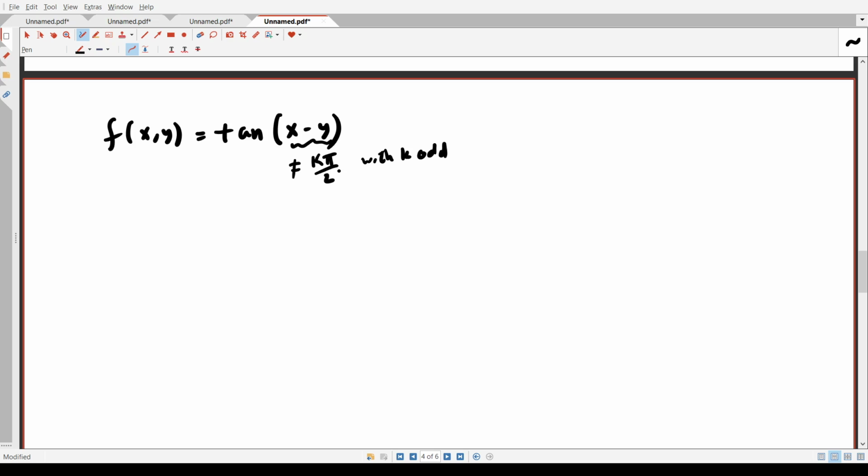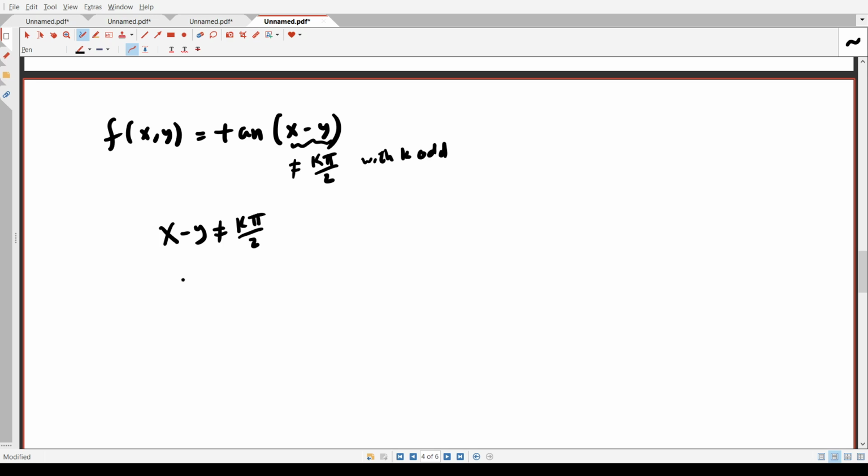Let's just leave it like this. So I know that x minus y is not equal to k pi over 2, right? So this is the condition for things that are not in the domain. Oh, sorry, no. This is the condition that it is in the domain. It has to not be equal to this.